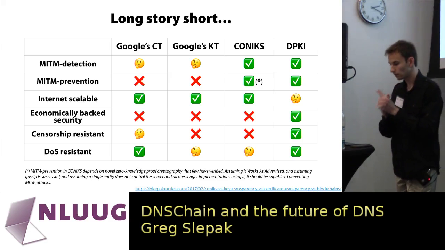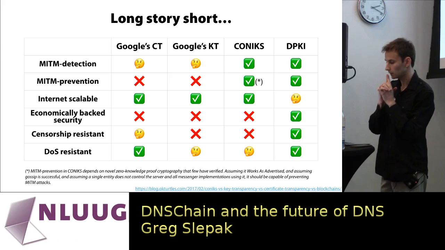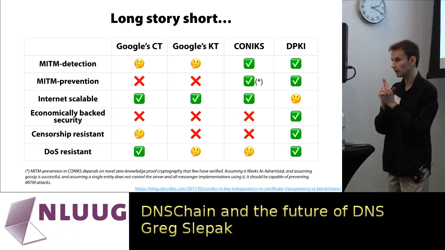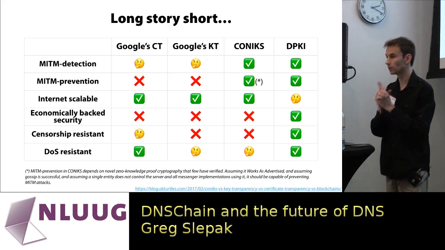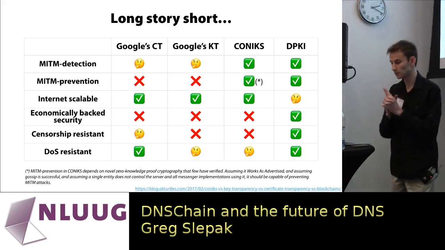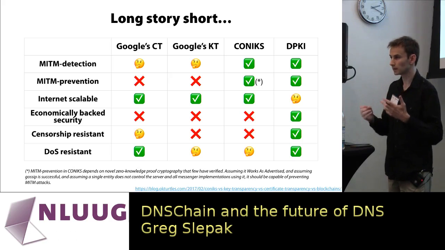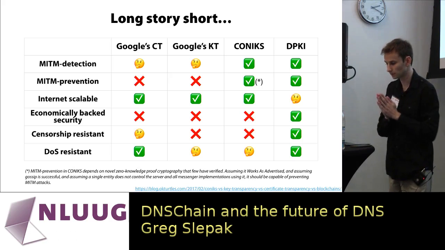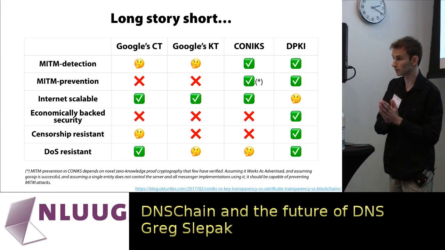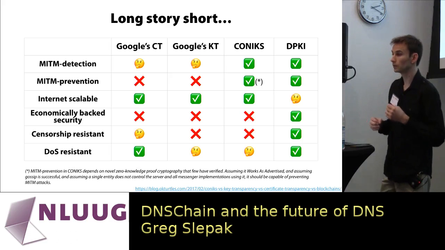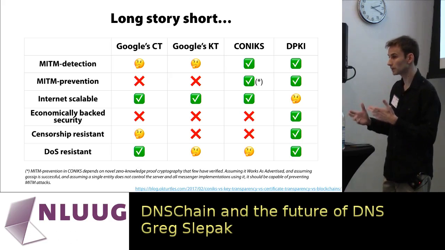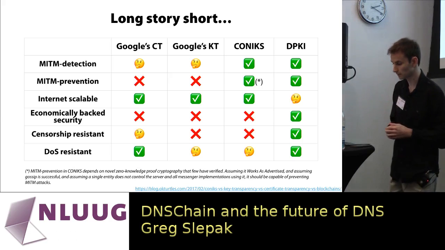What is important to note here is that neither certificate transparency nor Google's key transparency, and we call it Google's because these are generic concepts that Google creates specific implementations of, provide man-in-the-middle prevention. They might be able to provide man-in-the-middle detection, after you've been compromised.